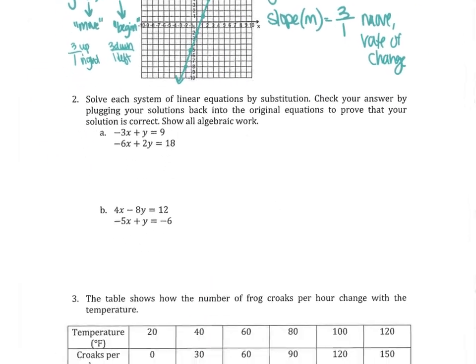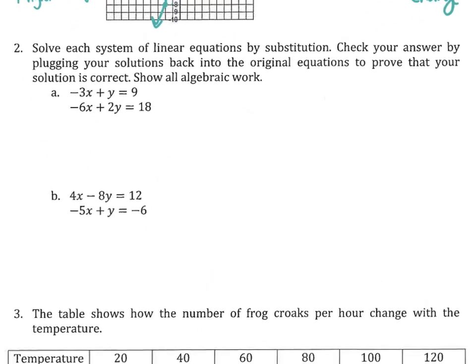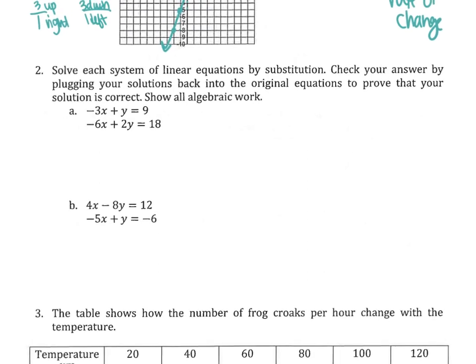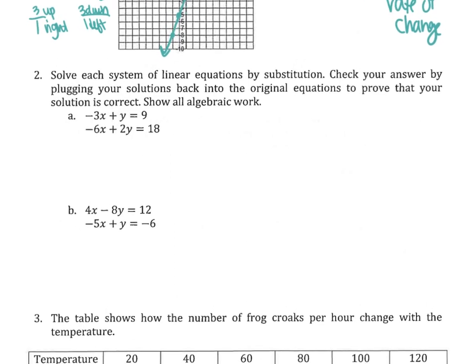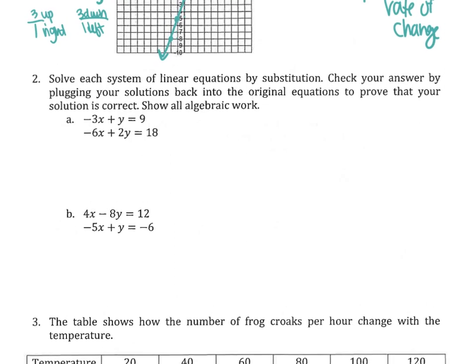Okay, 2. Solve each system of linear equations by substitution. I would accept either route on these, substitution or elimination. These ones do set up well for substitution, but I'll look at that. Alright, so the first one, when you're doing substitution, you need to get one of the variables by itself.